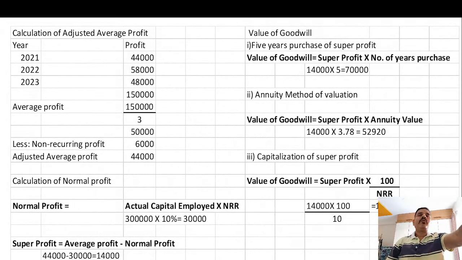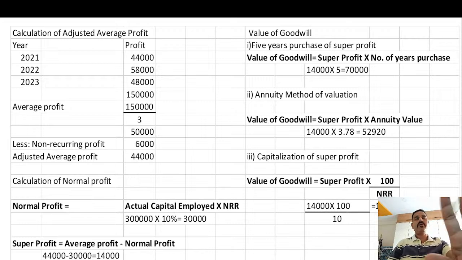See, among these three methods, the calculation of super profit gives a higher value of goodwill. So the company will prefer this one. So you can make a comparison also. In the capitalization of super profit, the valuation of goodwill is more compared to the 5 years purchase or annuity method, so we will go for that.